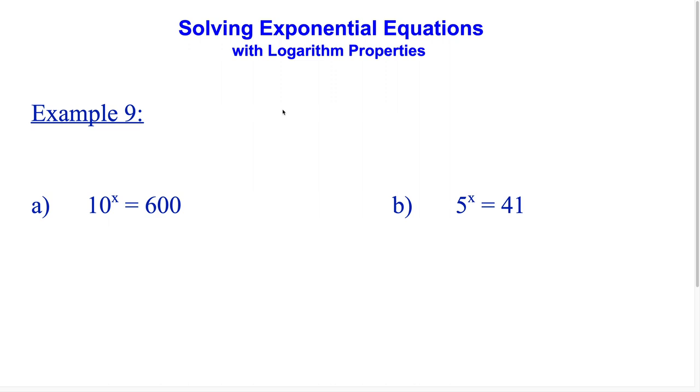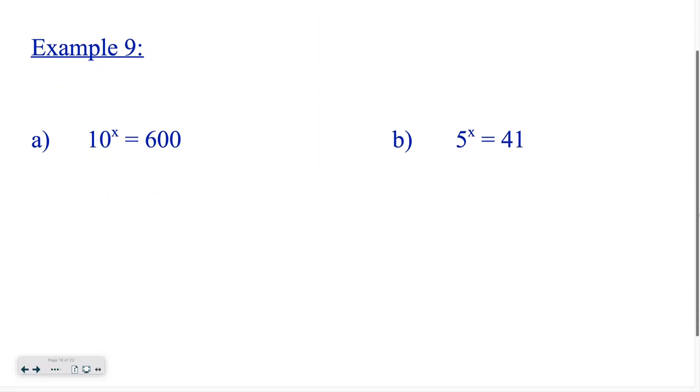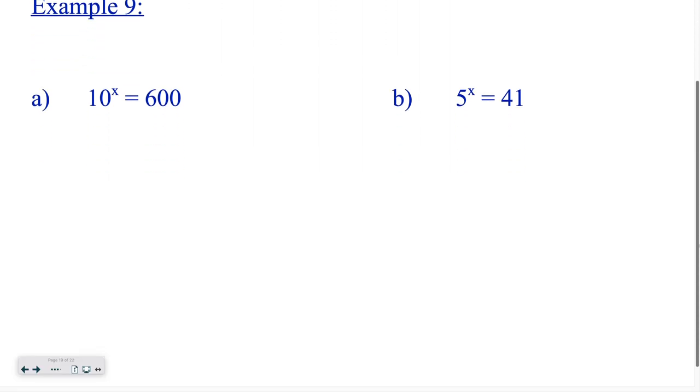So if you're looking at question A right now, 10 to the x equals 600, we don't have a way of rewriting these in the same base. 10 to the x, I can't rewrite that any other way. I can write it as 2 times 5, but that's not a single base as your factor there. Same with 600. I can't rewrite 600 as a power that has the same base as 10.